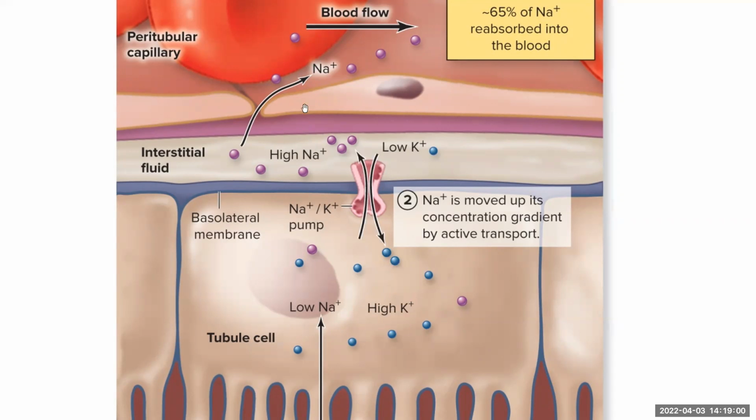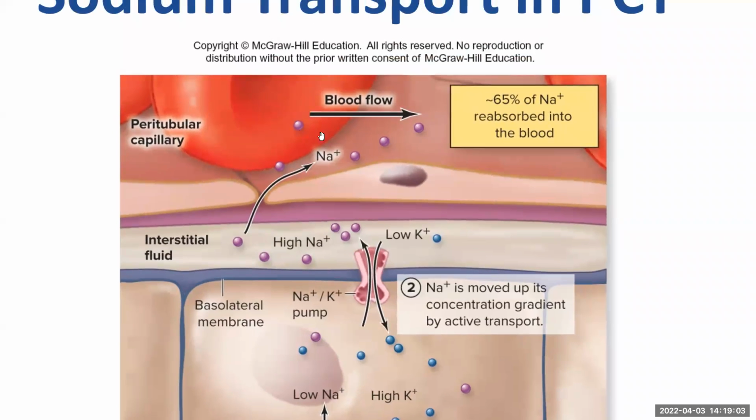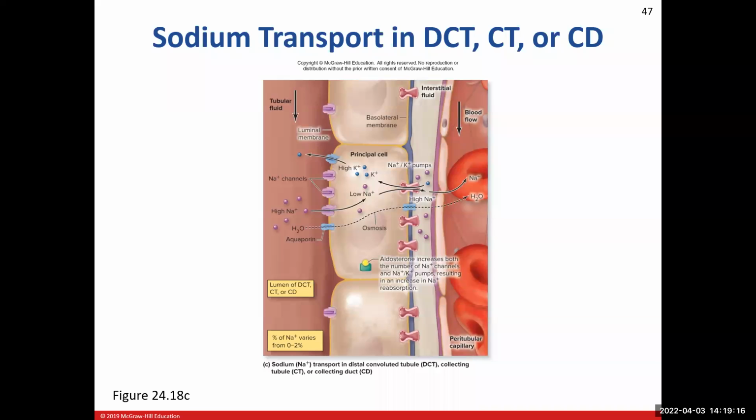So then sodium will diffuse into our blood and resume its path along the peritubular capillaries back into our bloodstream. So we're going to see about 65% of the sodium will be resorbed into the blood, and that's just in the proximal convoluted tubule.